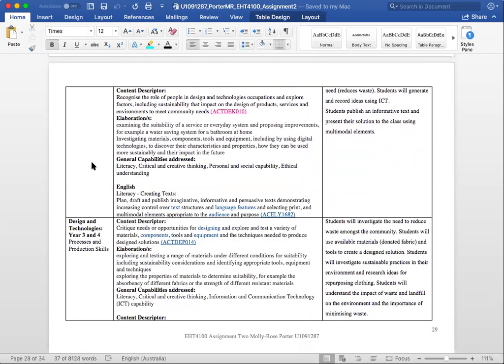So this then links in with the English curriculum, literacy creating text, because students plan, draft and publish imaginative, informative and persuasive text demonstrating increasing control over text structures and language features, and selecting print and multimodal elements appropriate to the audience and purpose.